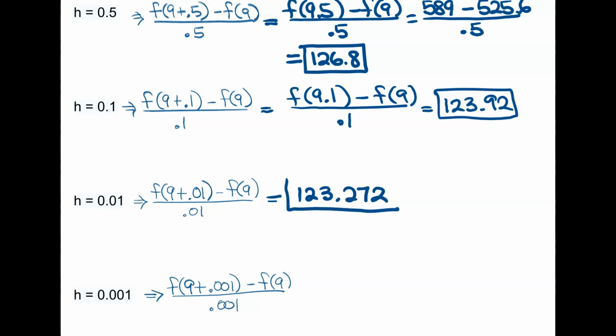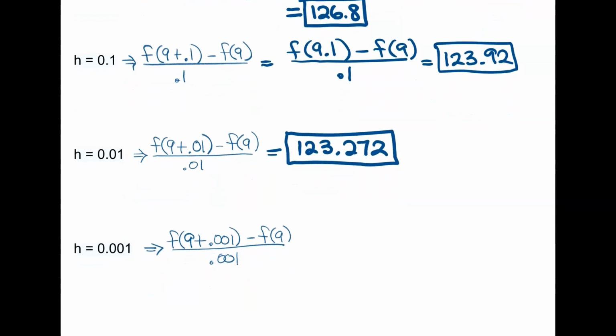Practice with the calculator, because calculators are not easy and it's easy to make mistakes, so that on a test or quiz in the future you don't make any mistakes. And for the last value, when h is really small, we end up with 123.2072.